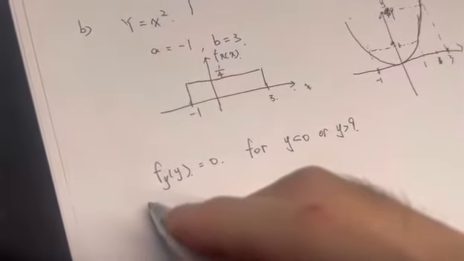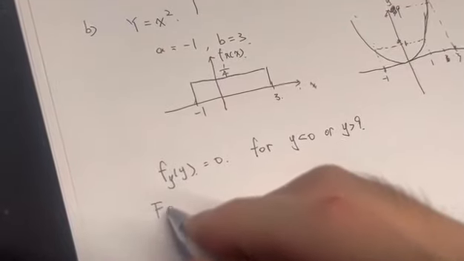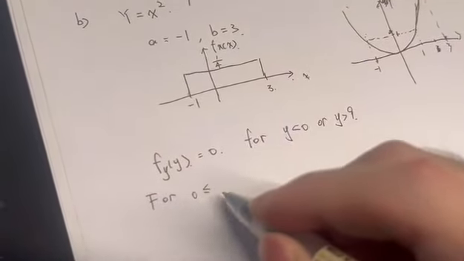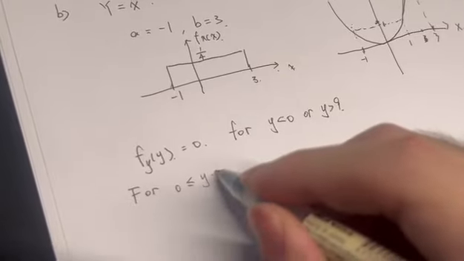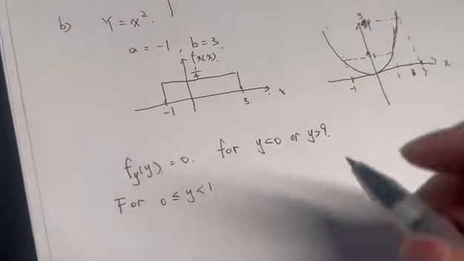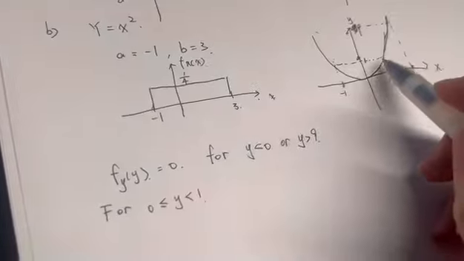And for the range 0 less than or equal to Y less than 1, it will have two roots. One root right here, one root right here.